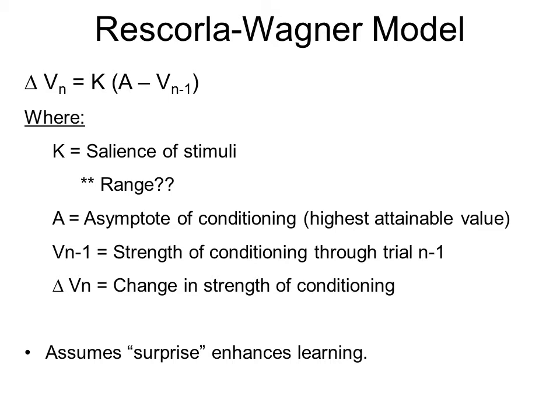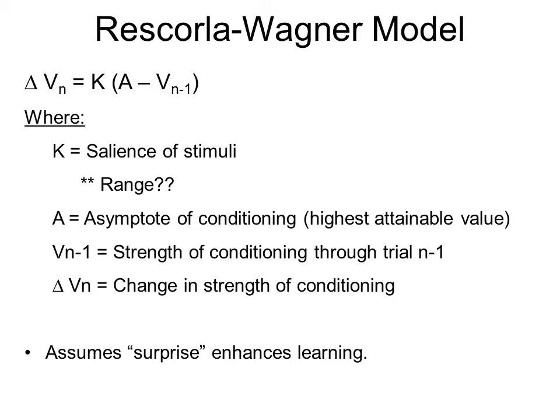A refers to the asymptote of conditioning. Recall that the asymptote is the upper bound, or the highest attainable value. It's where conditioning levels off and achieves its final conditioning level, if you will. So what determines the asymptote in conditioning?